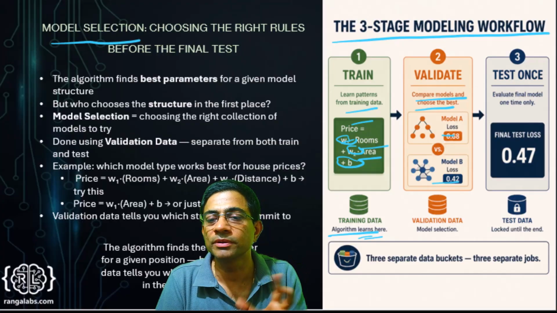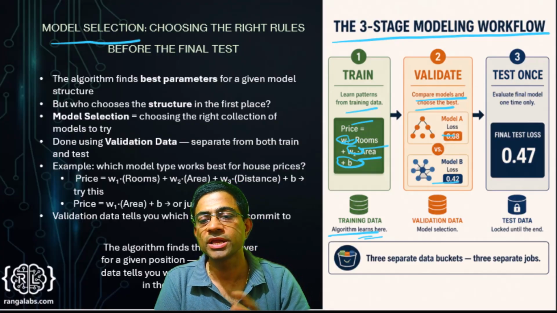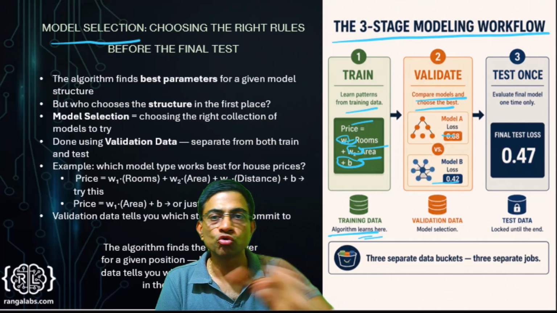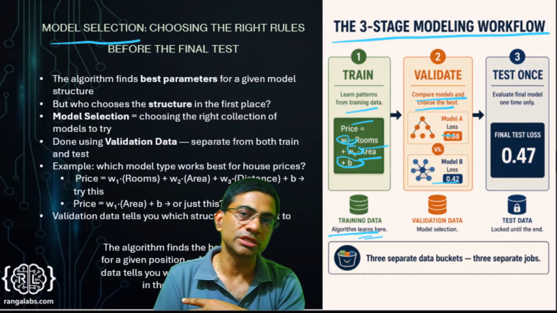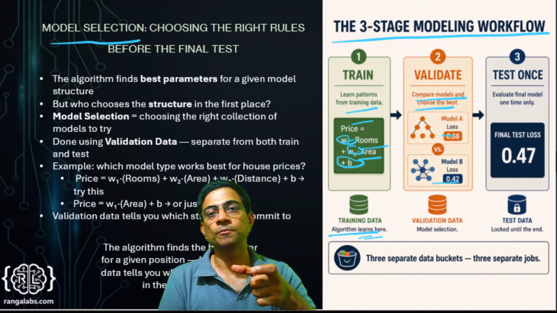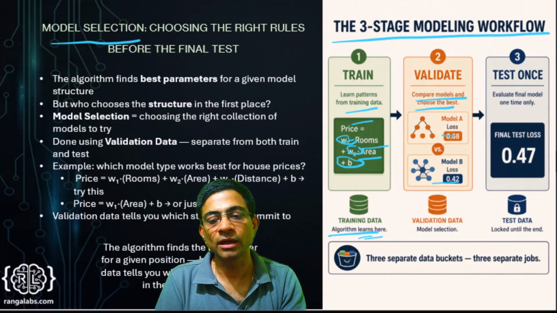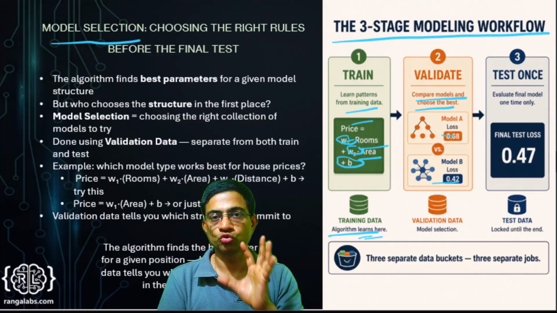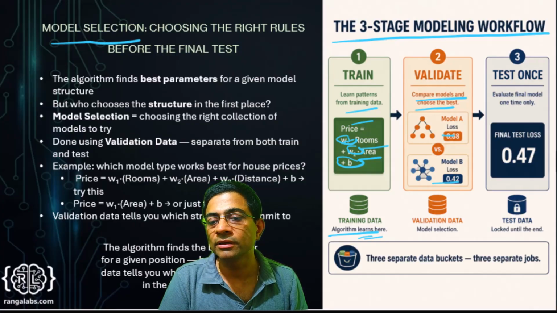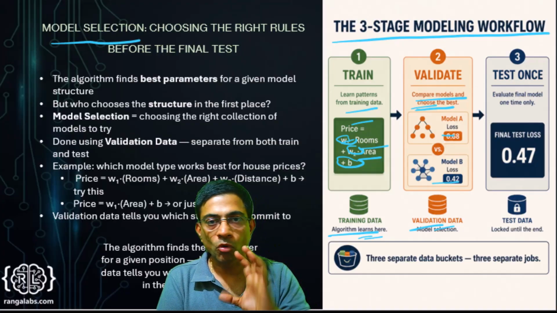For example, one model has rooms and areas, the other has only rooms, another has area and distance, and another has rooms and distance. So which type of model is consistently performing on the validation data, that model type is what we are going to choose. Got it? That is what happens in the validation, or selection, stage of the model.